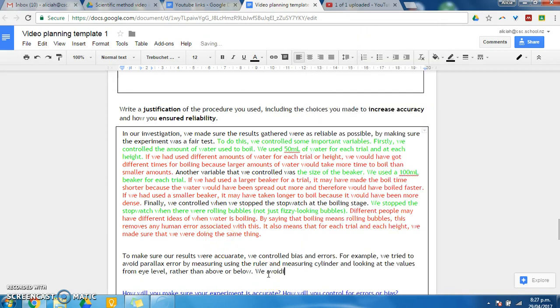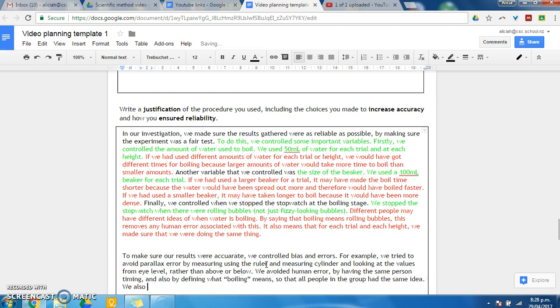We avoided human error by having the same person timing and also by defining what boiling means so that all people in the group had the same idea. We also avoided human error by carrying out each height trial 3 times.